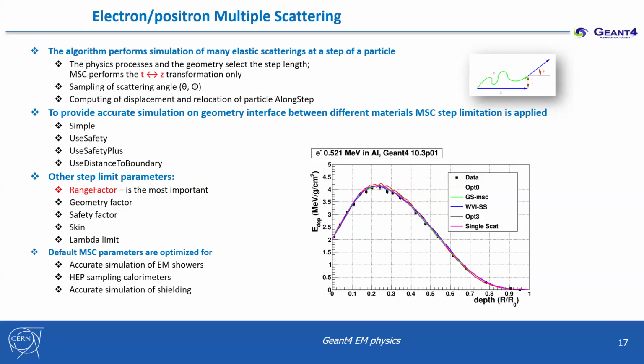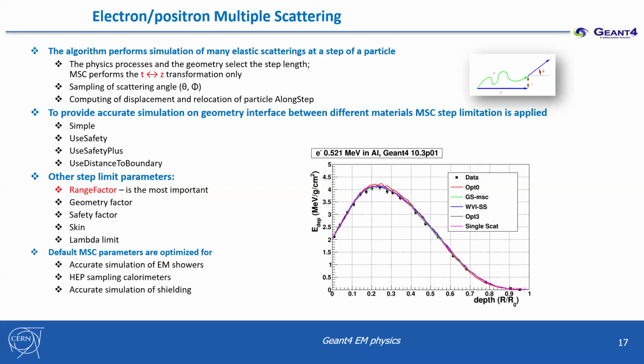If you do a step, you need to sample the scattering angle at the step and the transverse displacement. You need to have coherent sampling of these two values for any size of a step, for any primary particle which comes in. And you may do this only if you put some limitation on the step. It is why an important parameter for multiple scattering is the algorithm of step limitation.